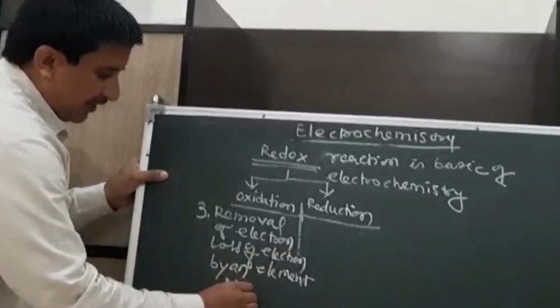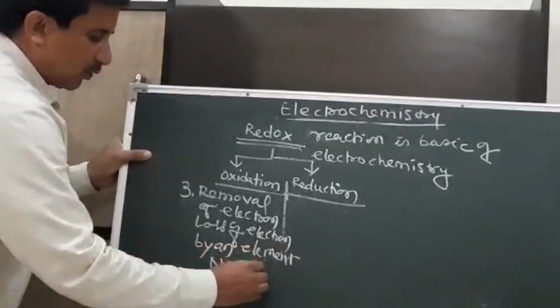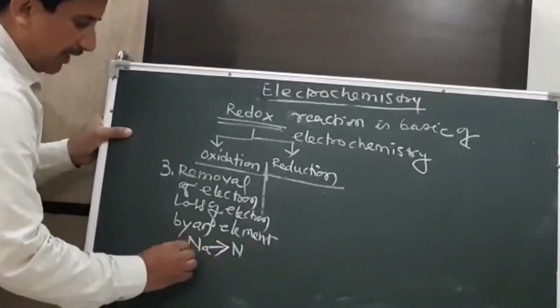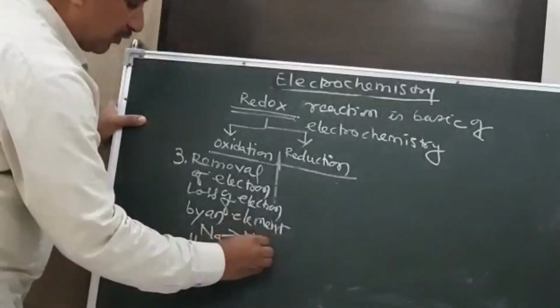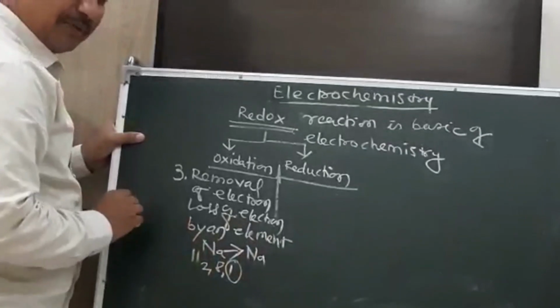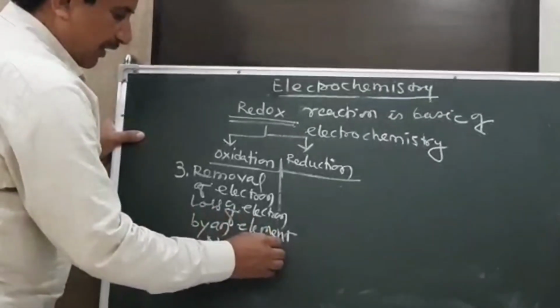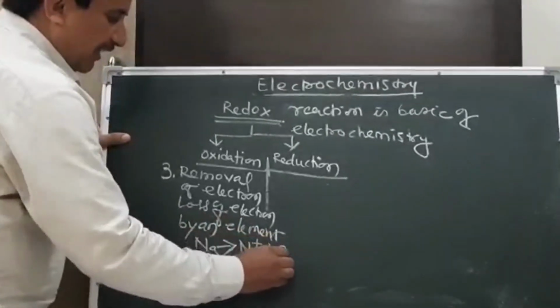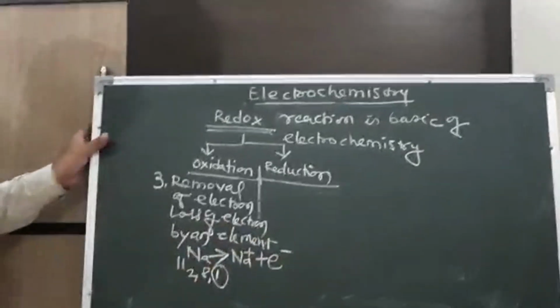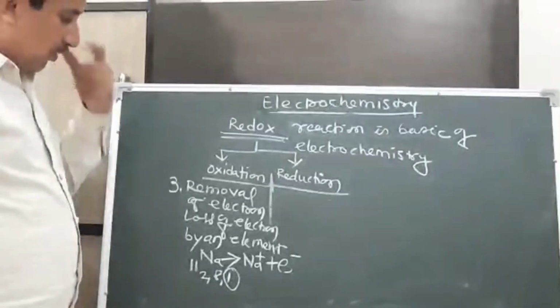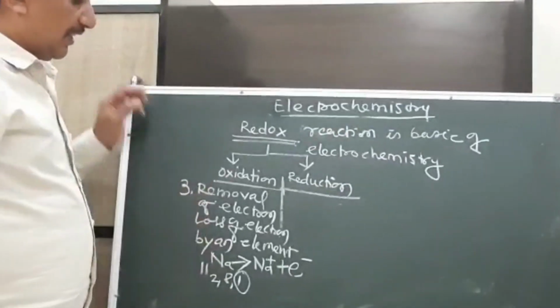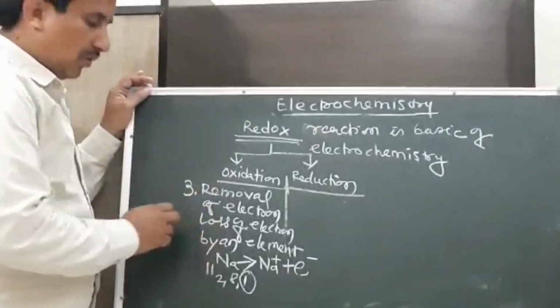We have already seen in earlier classes that sodium, having atomic number 11, configuration 2, 8, 1, loses one electron to attain stable noble gas configuration, acquiring positive charge. So this loss of electron indicates that sodium is getting oxidized. That means it is undergoing oxidation.